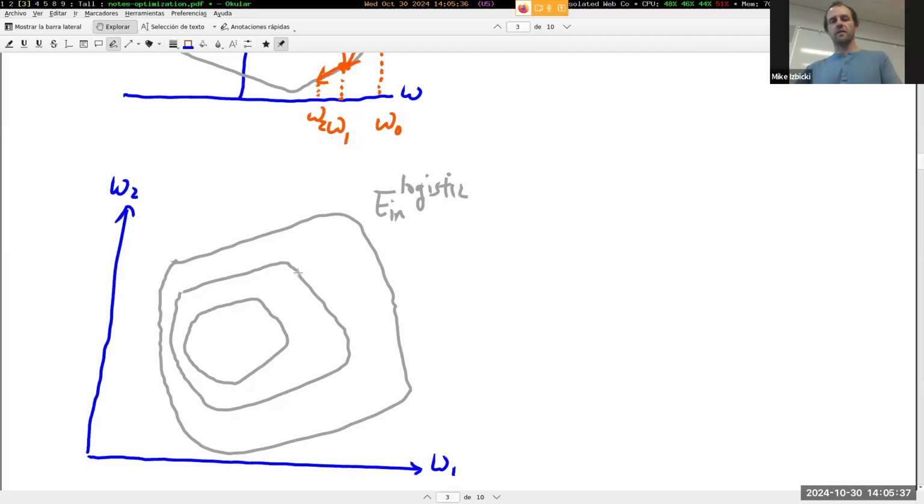Since the W's are two-dimensional, the E_in here is somehow sticking up out of the page. And right around here would be the smallest, best value. This dot right here is the smallest value of E_in. In each of these contour lines, the values get larger as the distance from the minimum expands.